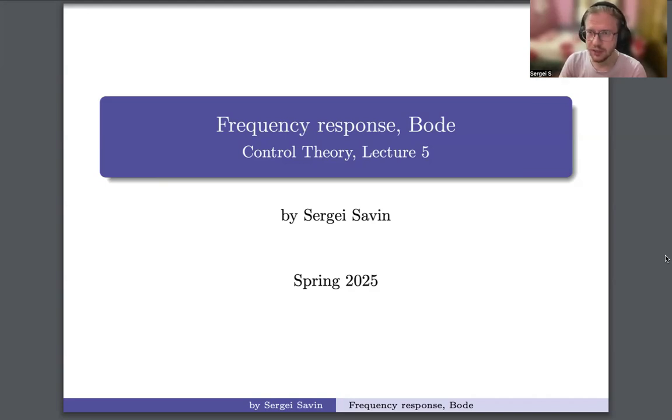What I'm trying to say is your motions can be, roughly speaking, represented as a sum of harmonic signals. And this is important because it is very easy to study how a system behaves when you have inputs which are harmonic signals.